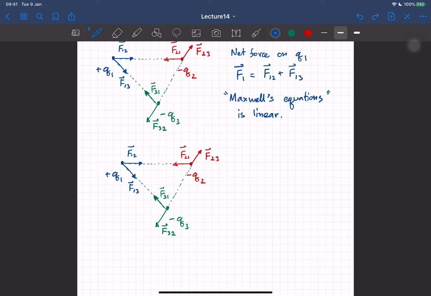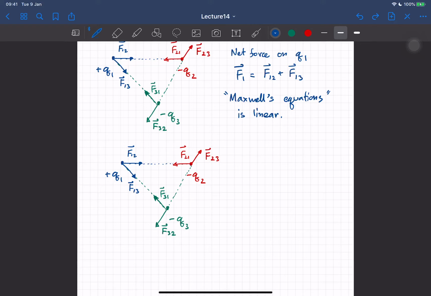And this is very, very important because, believe it or not, you think you understand now, but in the exam you all forget that the force is a vector. So you need to add them like you add vectors, right? You cannot just add the numbers together. You have to care also about the direction. So in this case for Q1, F13 is pointing that way, F12 is pointing that way.